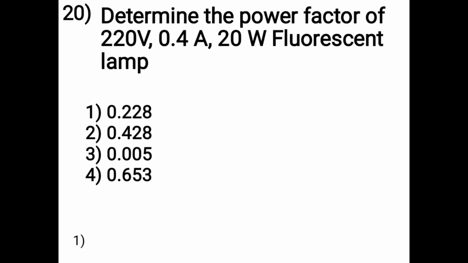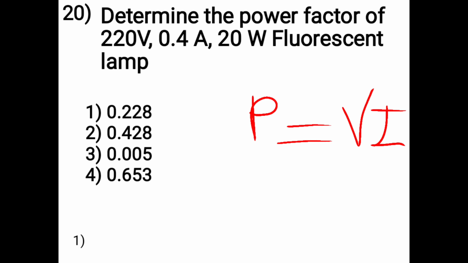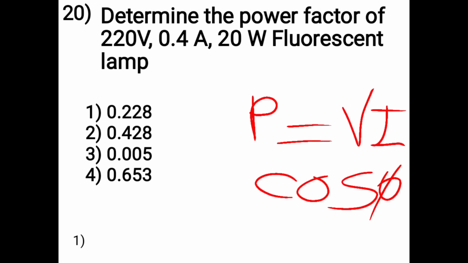Then next question is, determine the power factor of a 220 volt, 0.4 ampere, 20 watt fluorescent lamp. So how do we determine the power factor? The formula is P equals VI cos phi. P is 20 watt, V is 220 volt and I is 0.4.